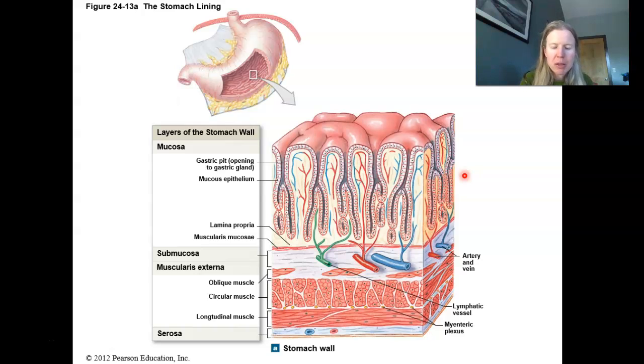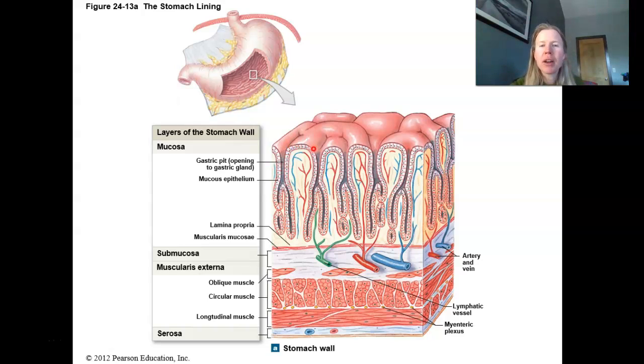These are going to be responsible for providing a layer of mucus along the surface of the stomach. They have to produce that mucus to protect the stomach.